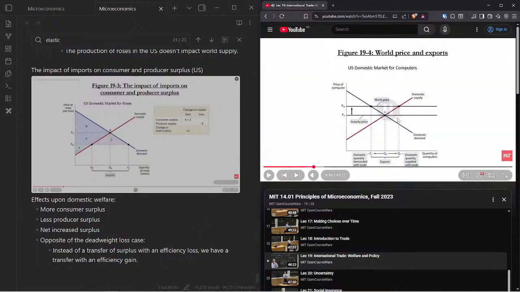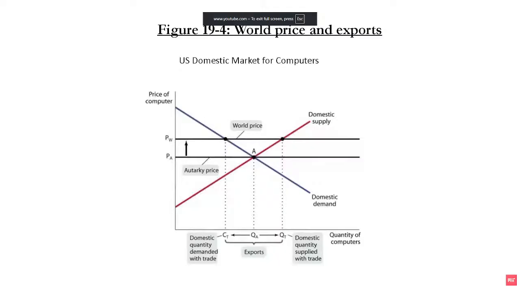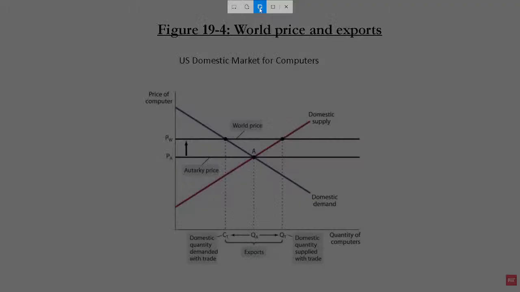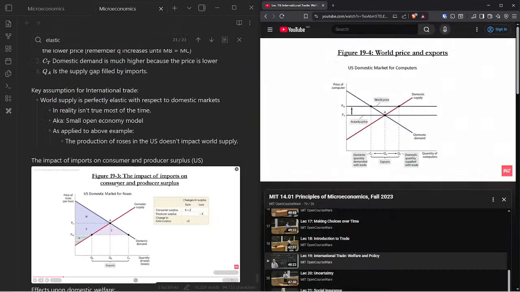Okay, now exports. Exports. And they'll put here imports.